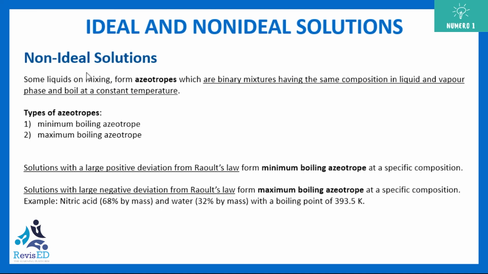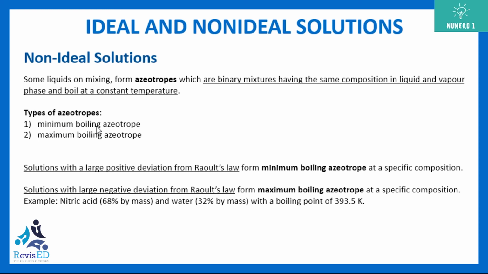One more thing that you should focus on is azeotropes. Like for example, some of the liquids, when you mix them together, form an azeotrope. What is an azeotrope? They are binary mixtures which have the same composition in liquid and in vapor phase and boil at constant temperature. Okay, so they have the same composition in liquid and the same composition in vapor phase. So there are two types of azeotrope.